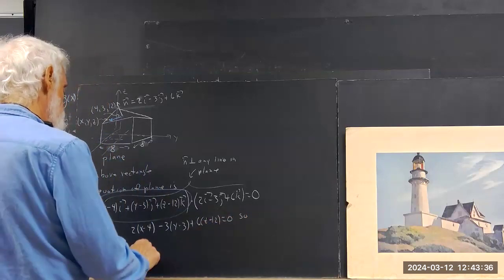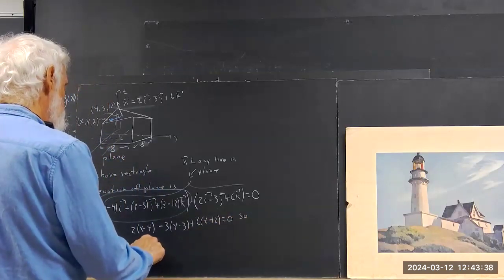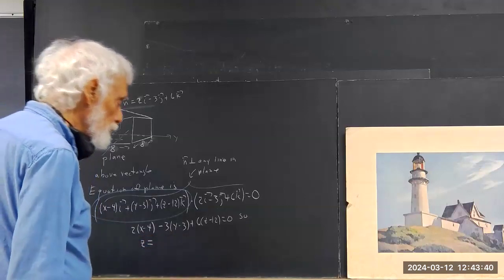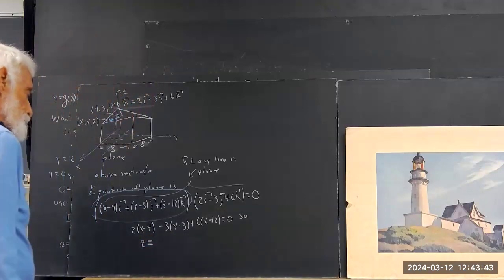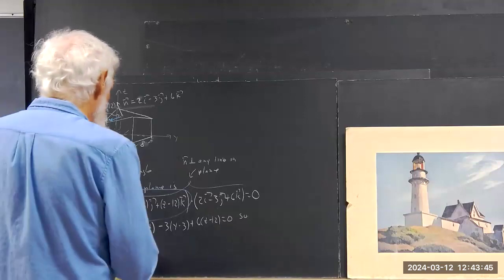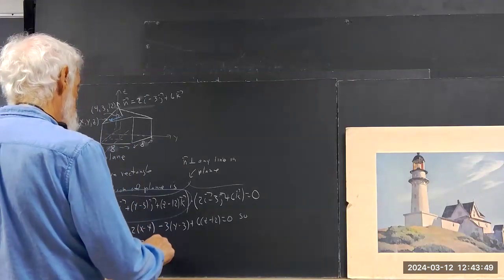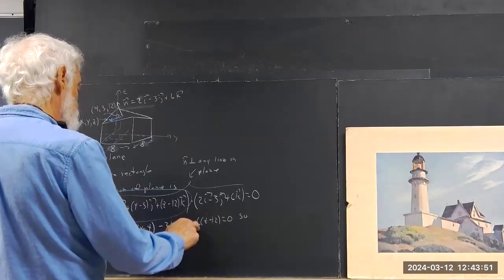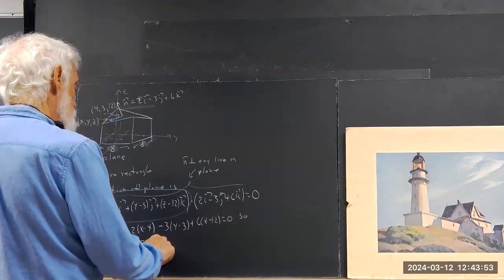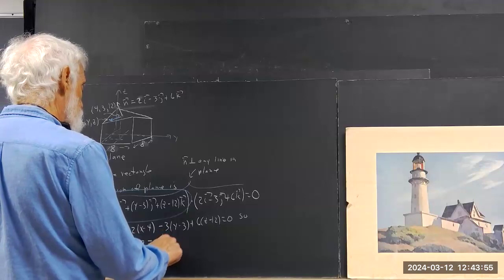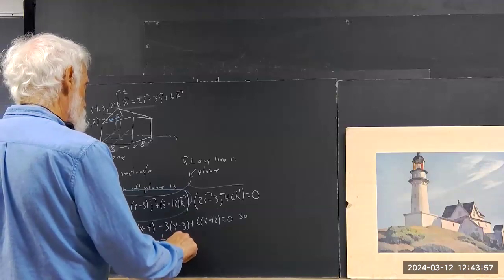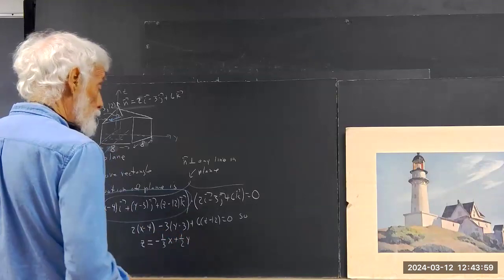Okay, so Z equals what? Well, you're going to have 2x minus 2x plus 3y divided by 6. So it'd be minus 1/3 x plus 1/2 y.